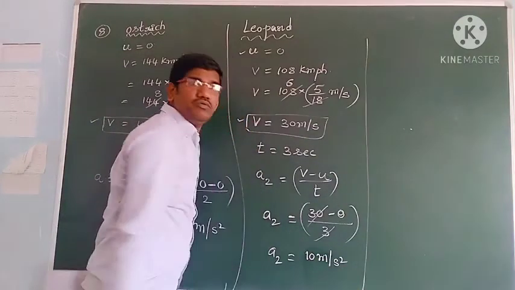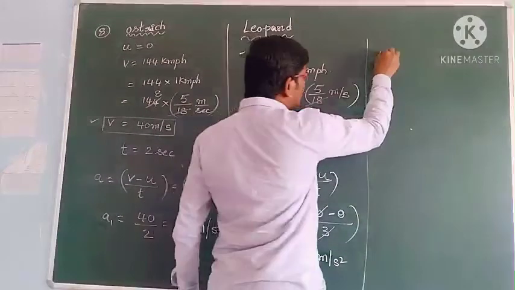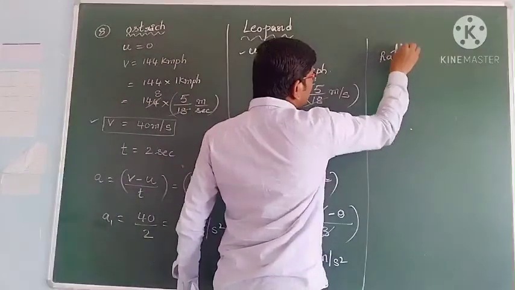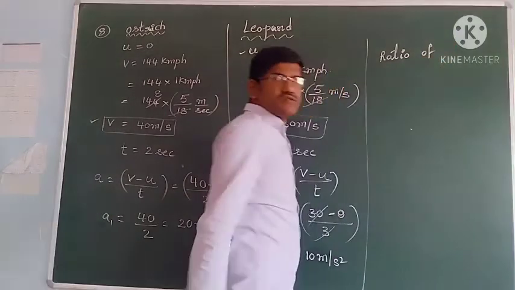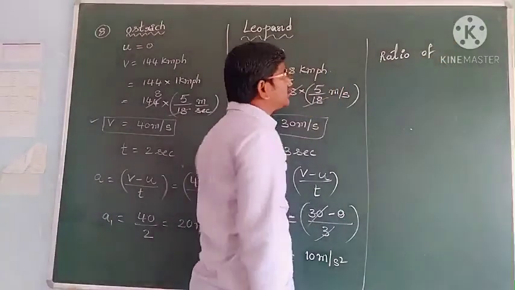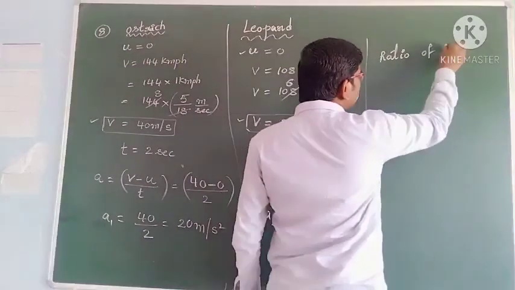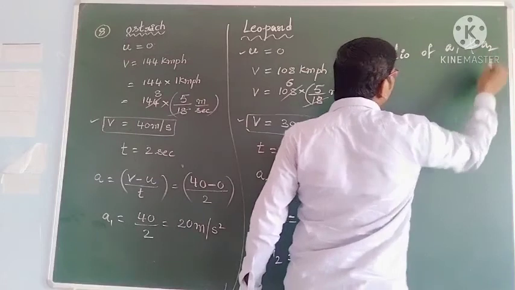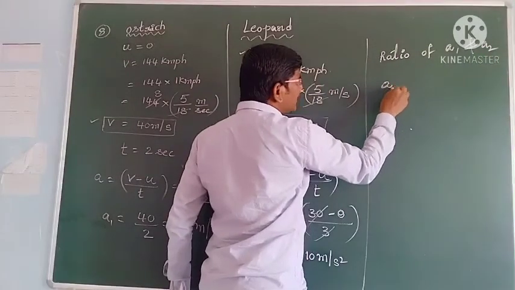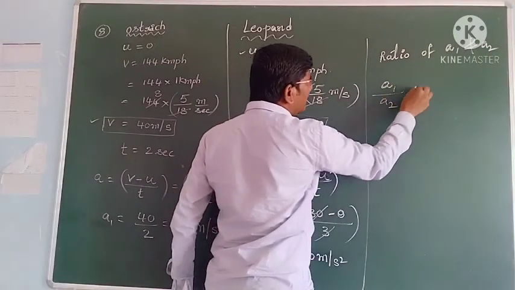So now we can take the ratios. Ratio of accelerations, A1 and A2 we are taking. So A1 by A2.